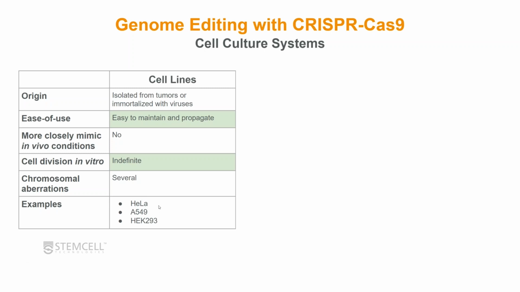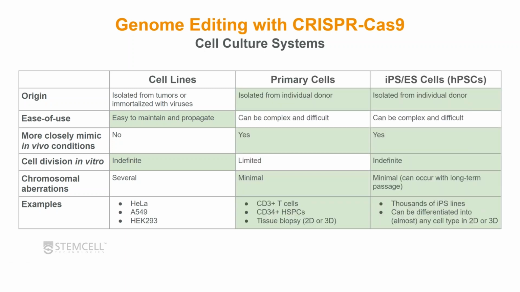So alternatives to these cell culture systems that better resemble the natural state of an organism include primary cells, which can be freshly isolated cells from tissues of the host species, or induced pluripotent or embryonic stem cells, or human pluripotent stem cells, as we like to refer to them at STEMCELL. So primary cells, as I mentioned, are isolated from individual donors.